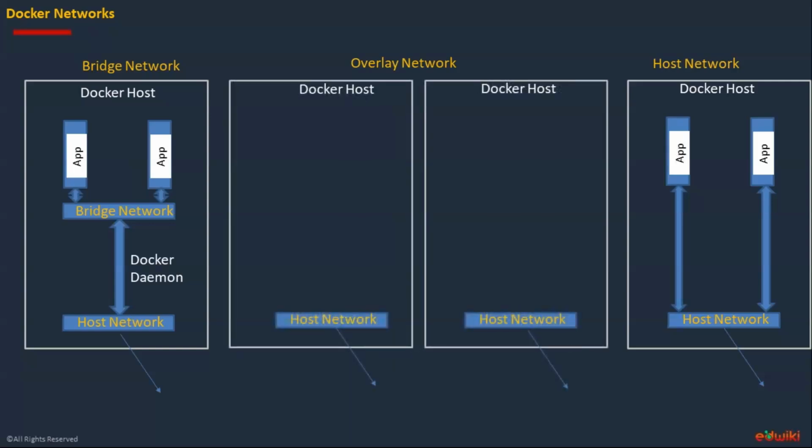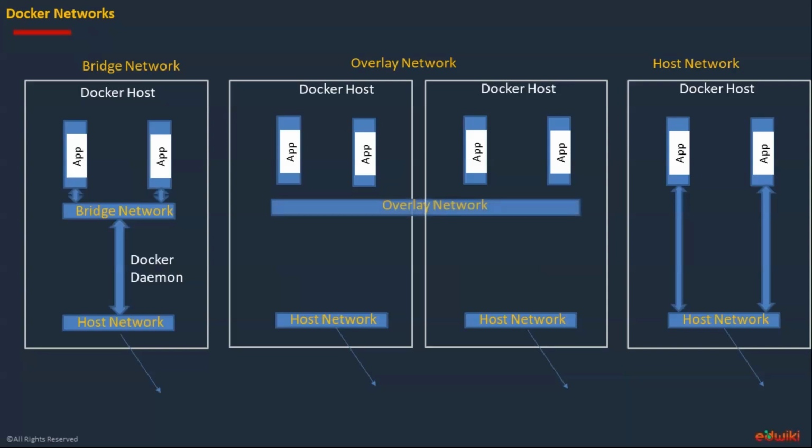The other thing is the overlay network. Here you see I'm taking two different EC2 servers or two different Docker hosts. Sometimes a container running on one server must have access to a container running on another server. Got me?